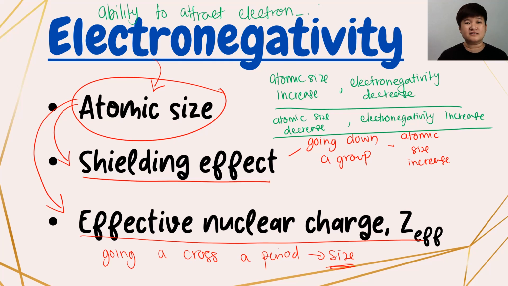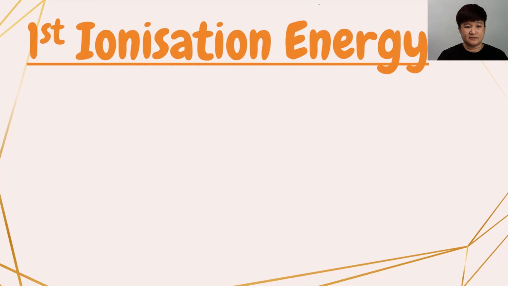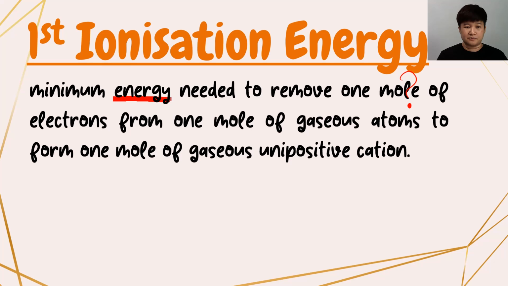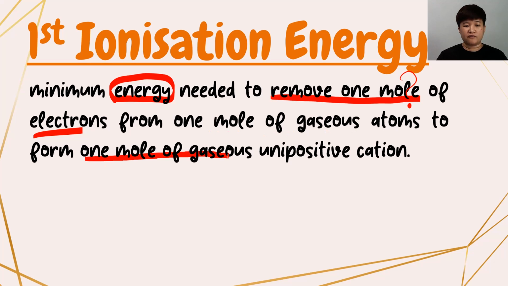If you are okay with this, then we move on to another thing. We have ionization energy. So what is actually ionization energy? Ionization energy is the minimum energy needed to remove 1 mole of electron from 1 mole of gaseous atom to form 1 mole of gaseous unipositive cation.